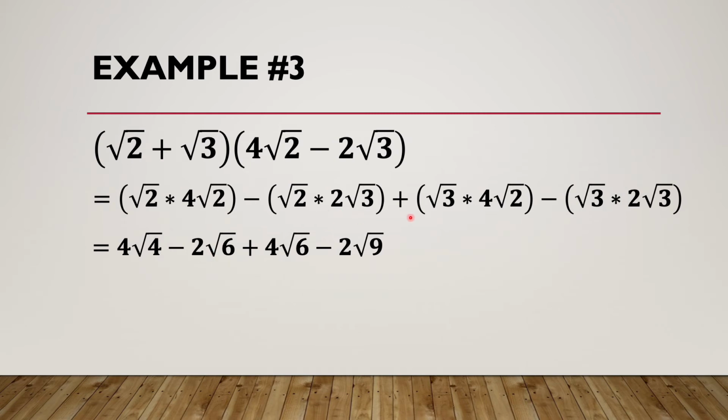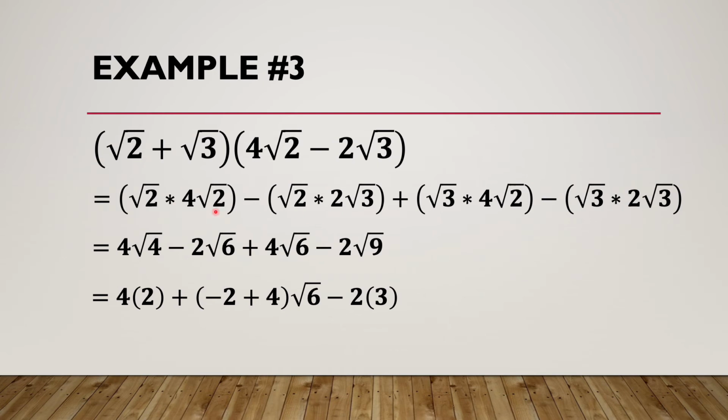Copy the operation plus. Then 1 times 4, 4. 3 times 2 is 6. Minus 1 times 2, 2. 3 times 3, 9. Then get the square root of 4. That is 2. So we have 4 times 2.